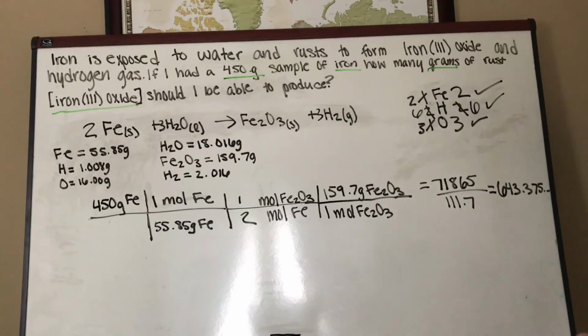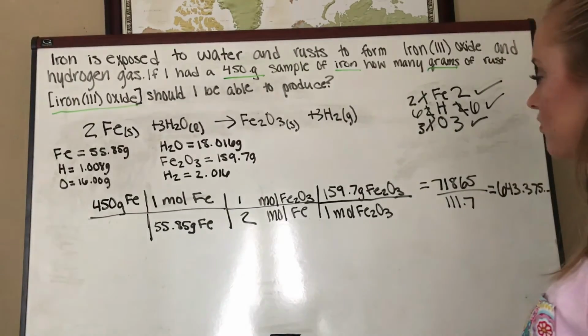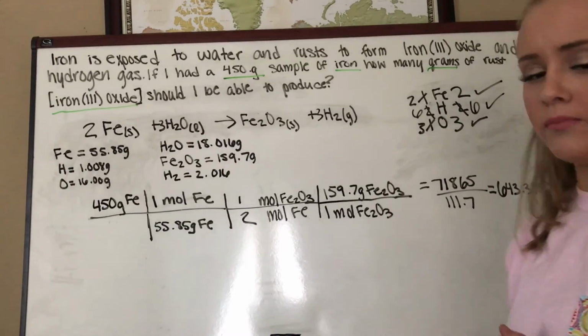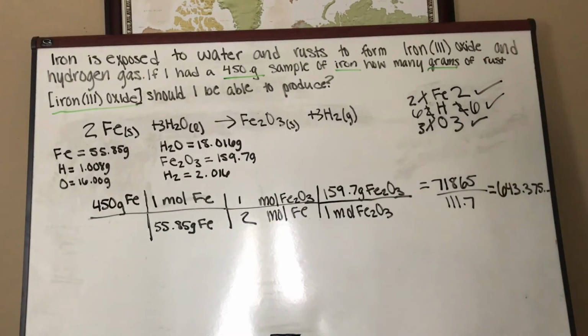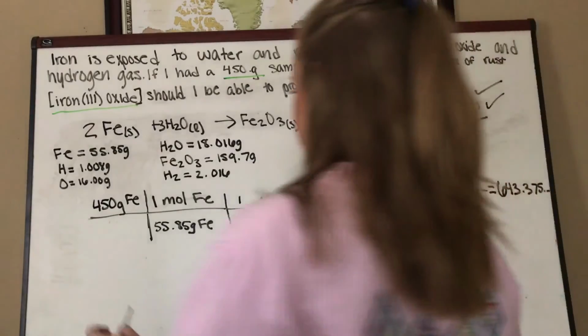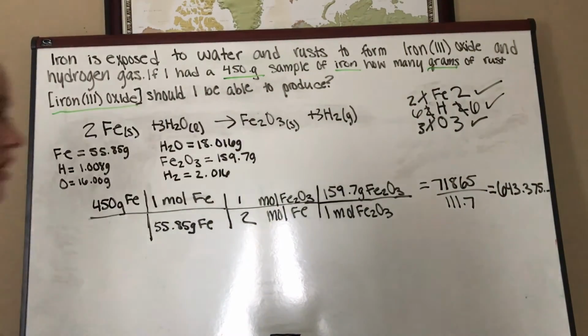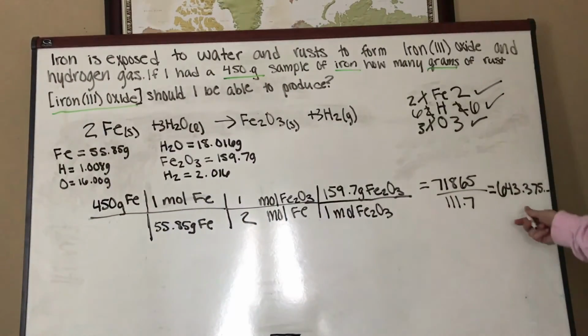But we need to remember our significant figures. For your significant figures, you'll use however many you can find in your given. In our given, we have 3 significant figures. So we want to cut our end result down to only 3 significant figures.